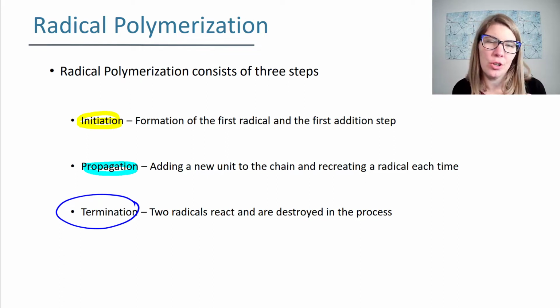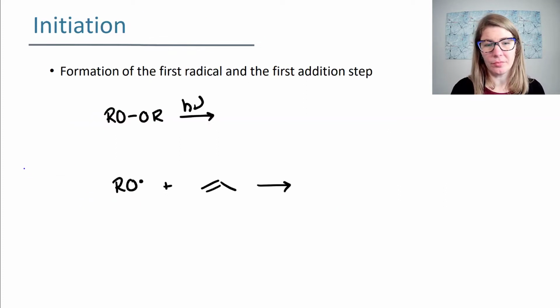There are 2 modes of termination. One is a coupling mode where 2 single radicals come together, and then you get an extra long chain because the ends of your chain have come together. And then there's another way called disproportionation, which is where there's a hydrogen abstraction involved at the end of all of this. I'm not going to show you that one because only certain polymers terminate that way.